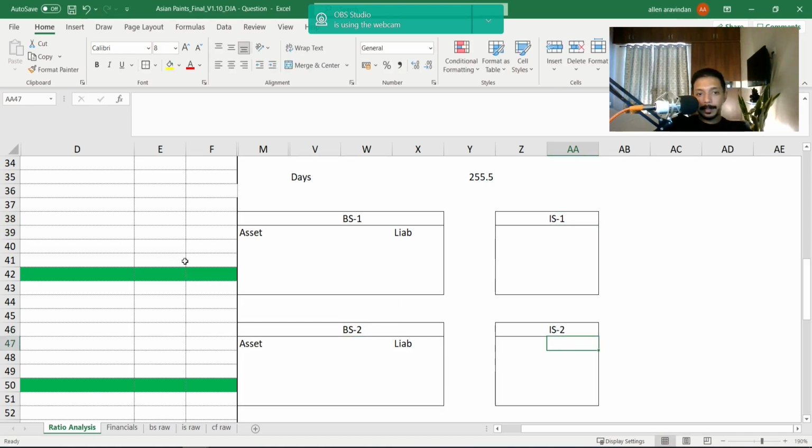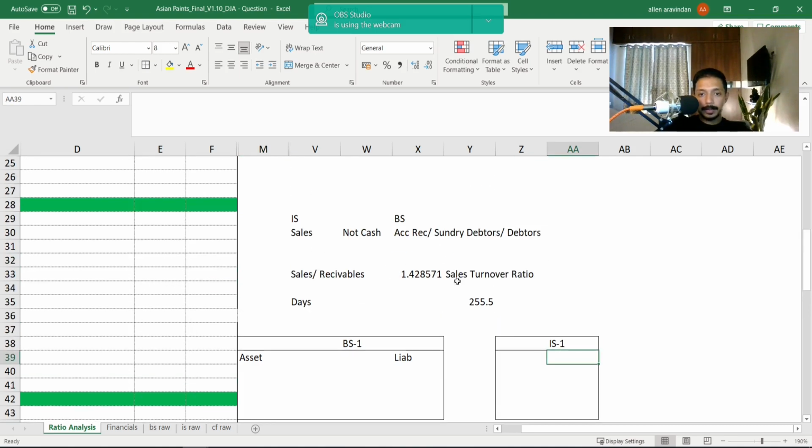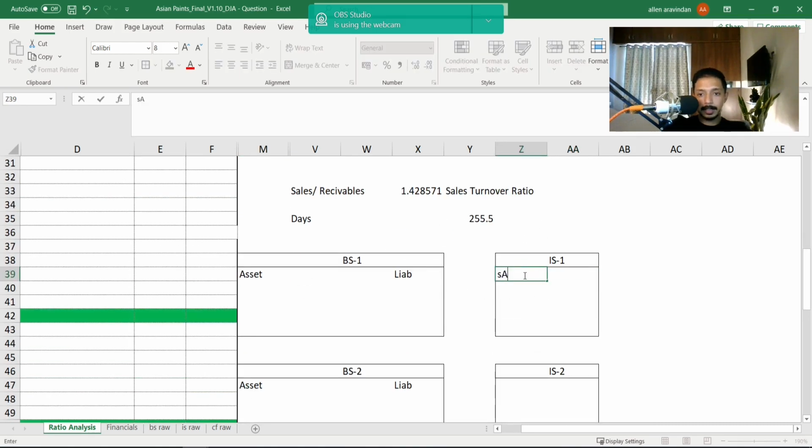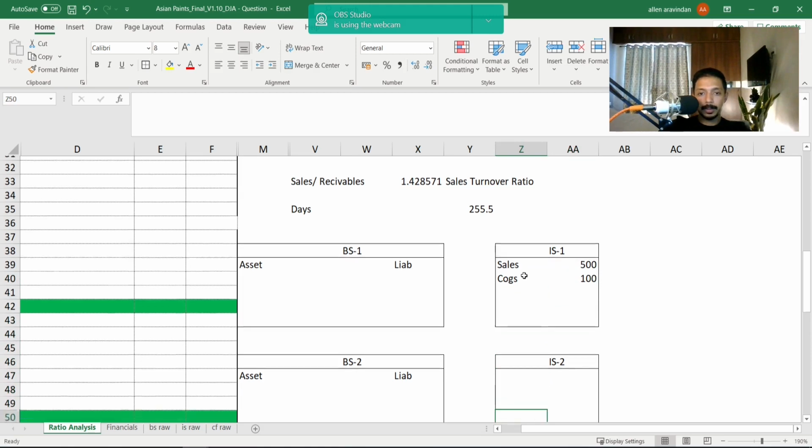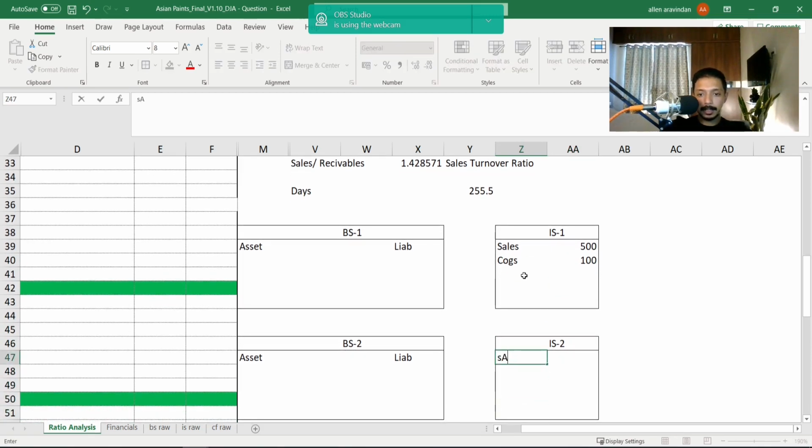Let's say the sales is 500, and the cost of goods sold in this year is, let's say, 100. And in this year, let's say sales is 600 and COGS is 200. I'm just making things up, so don't take it very seriously.